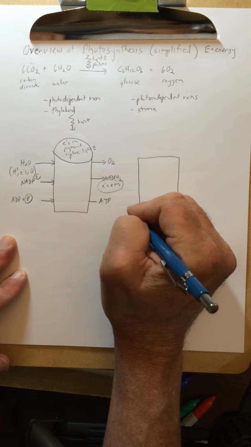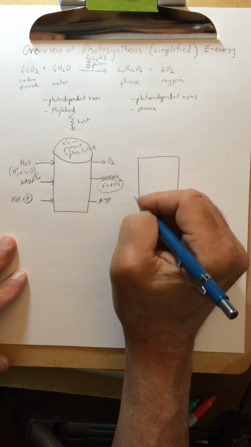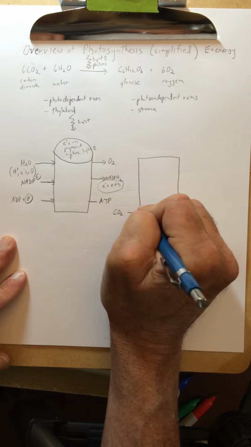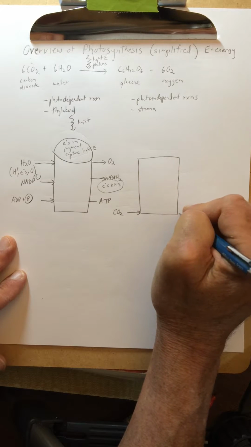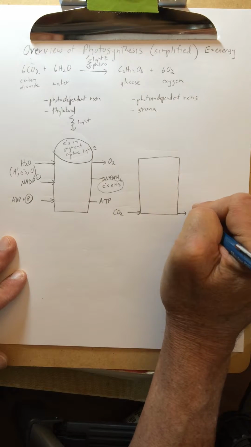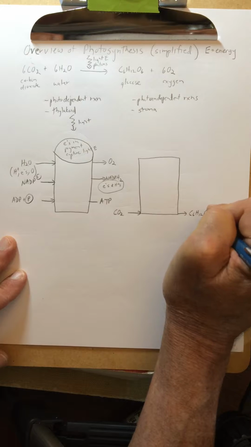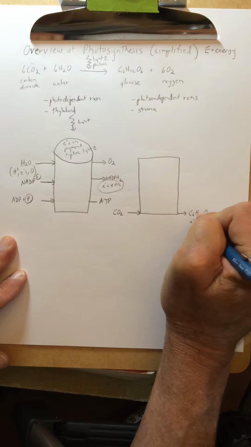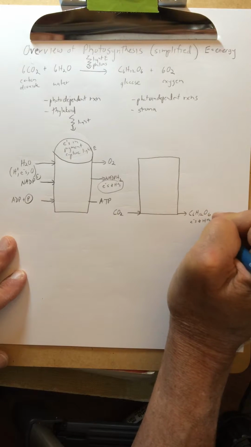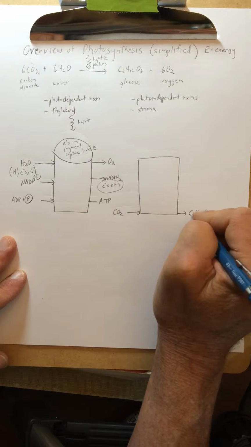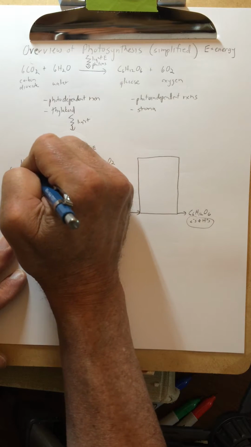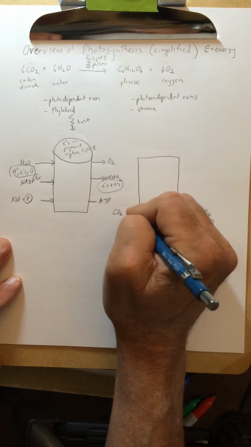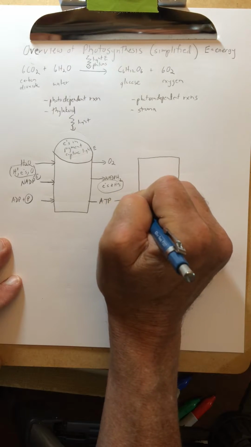Okay, the big thing that's going to happen in the photo-independent reactions is that carbon is going to be fixed. So carbon from CO2 is going to be fixed and converted into glucose, C6H12O6. And this is where the electrons and protons end up. In order to fix carbon, it takes energy.